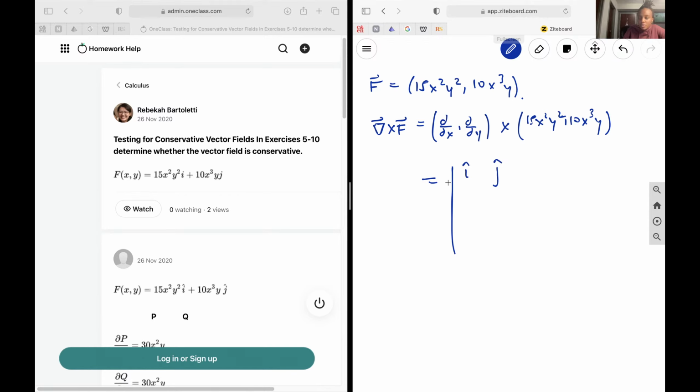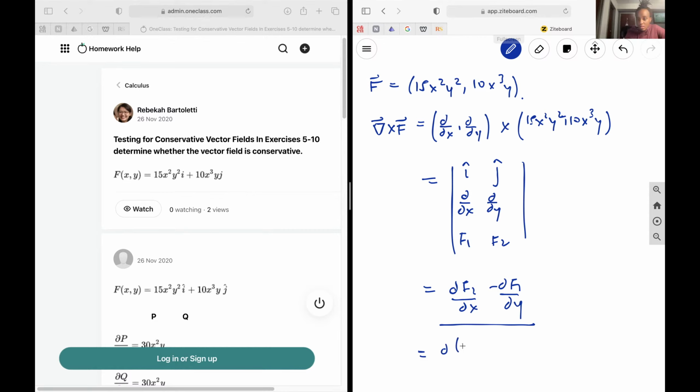And so this is going to give me d over dx, d over dy, f1, f2. And so that is going to be df2 over dx minus df1 over dy. Okay, so let's put in our f2 and our f1.